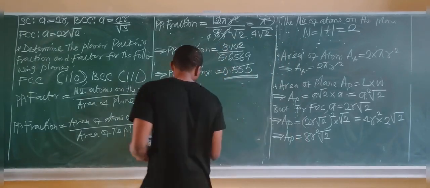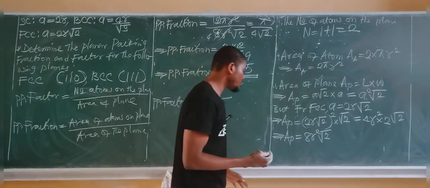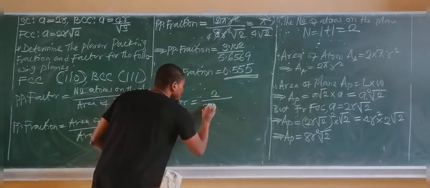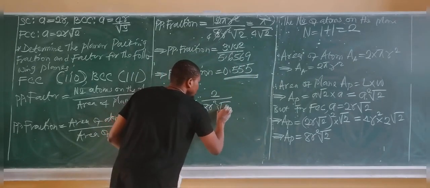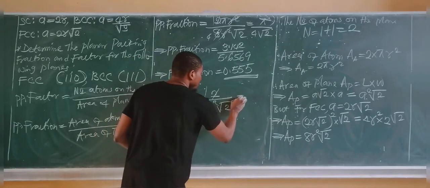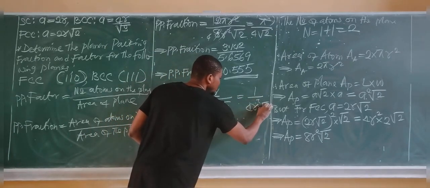So you simply have 2 divided by the area of the plane, and the area of the plane gave us 8r squared root 2. So 2 goes into 2 once, 2 goes into 8 four times. This is now 1 all over 4r squared root 2.